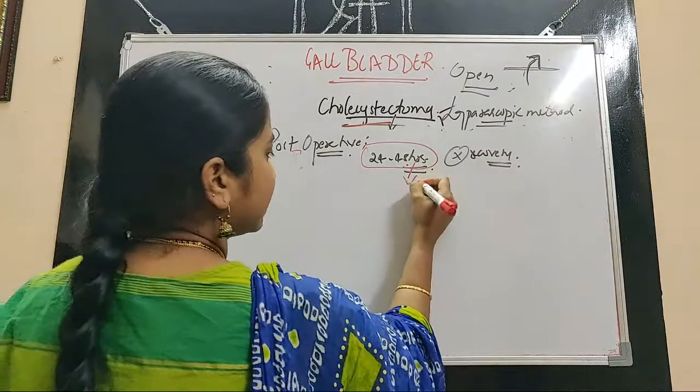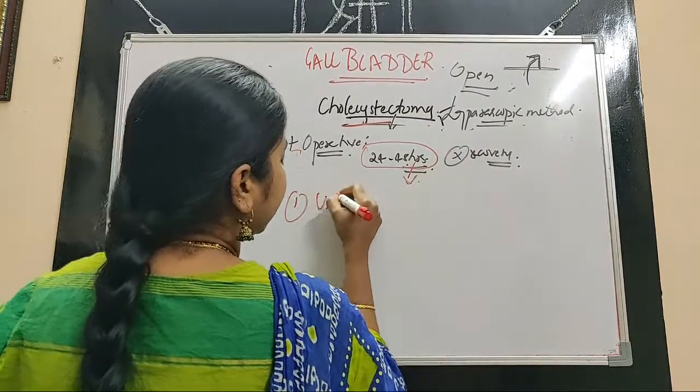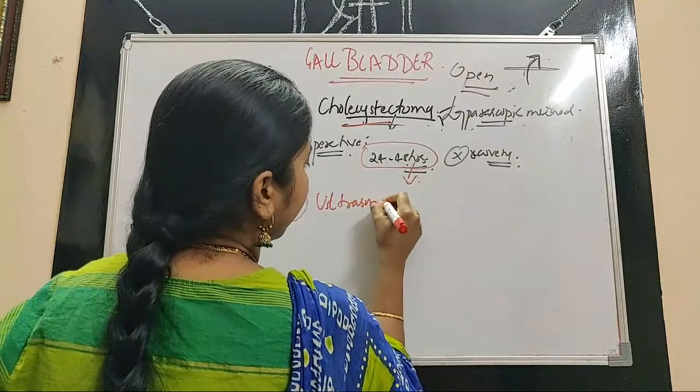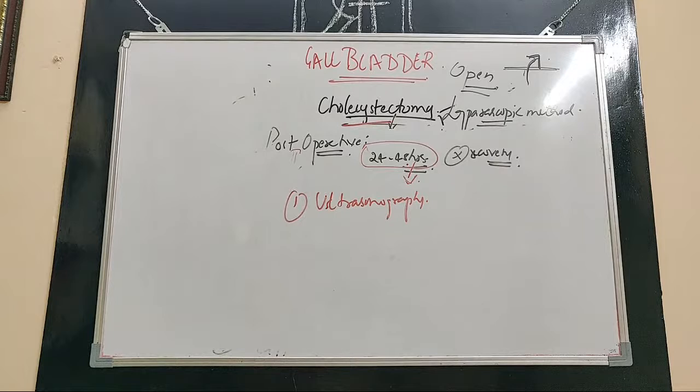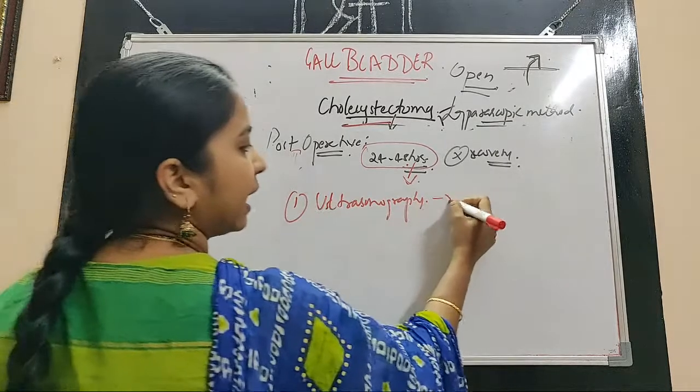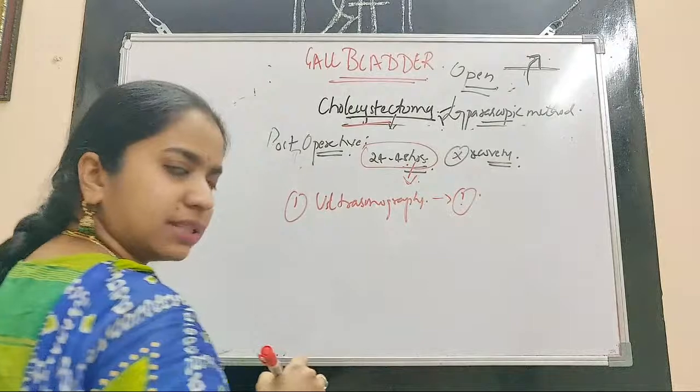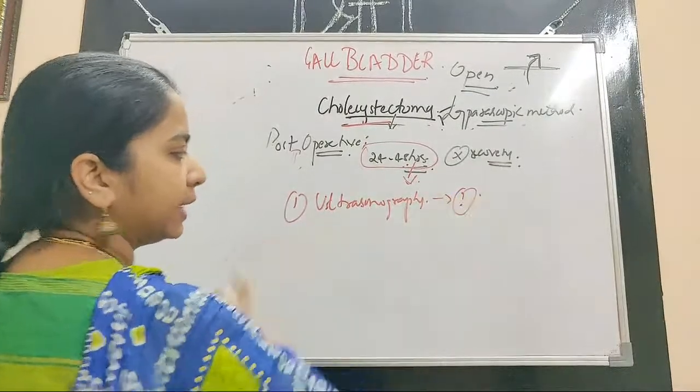In such cases, we immediately go for an ultrasonography, which gives the measurements and dimensions of the biliary tree and bile duct in full, so that we can identify exactly what the cause is.